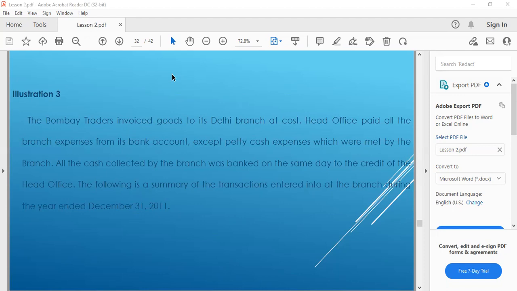All the cash collected by the branch was banked on the same day to the credit of the head office. The following is a summary of the transactions entered into at the branch during the year ended December 31st, 2011.